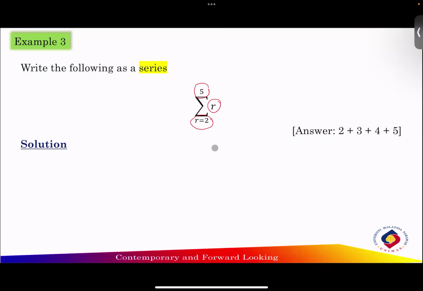As I mentioned just now, these represent where they begin and where they end. Okay, example 2. 2 plus 3 plus 4 plus 5, because they begin at 2, so this one represents where they begin and where they end. So 2, 3, 4, 5. They end at 5.